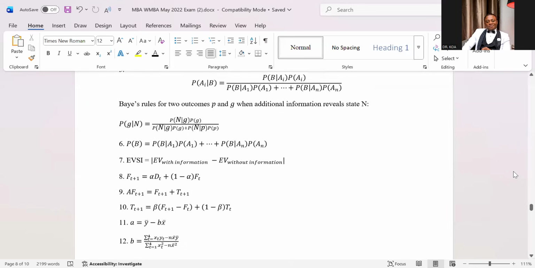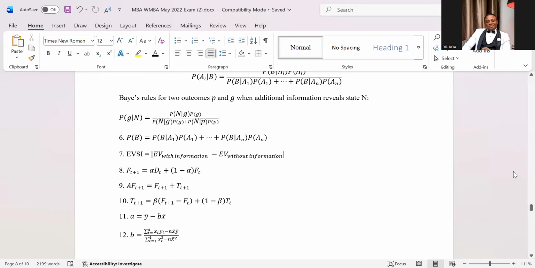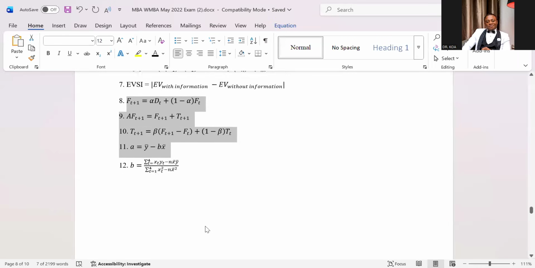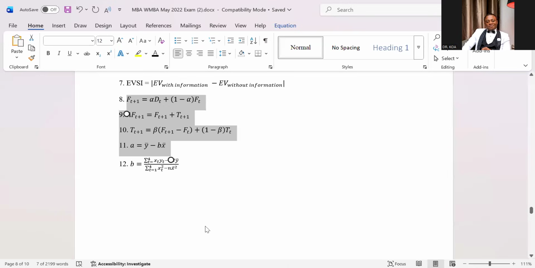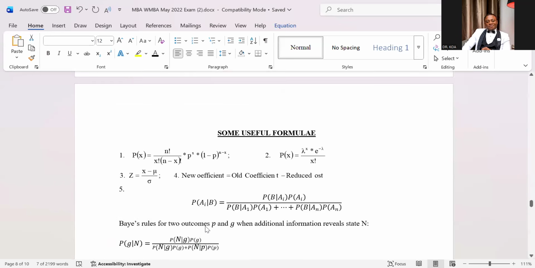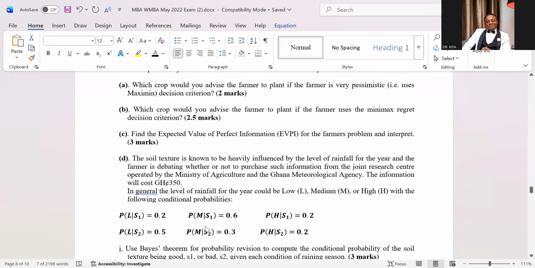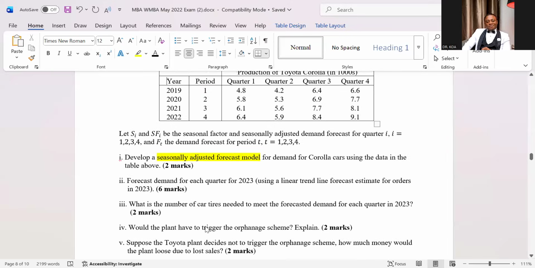Let me see. It's not part of it. So when you look here carefully, what we are seeing are the exponential smoothing, and seasonally adjusted exponential smoothing, all of those things. But it doesn't include that. So you want to be able to know the formula on top of your head.